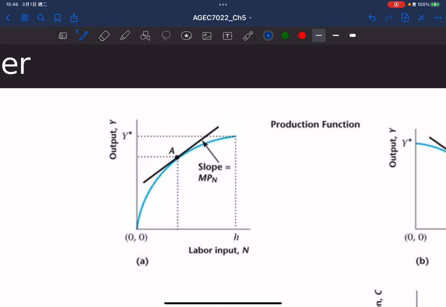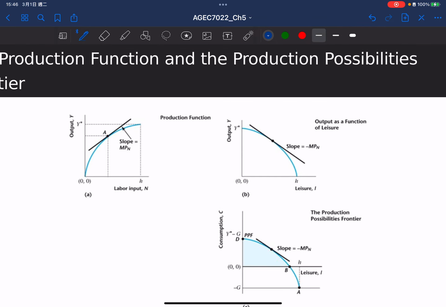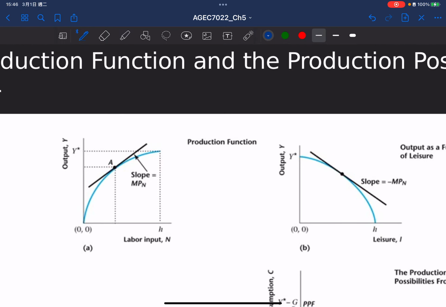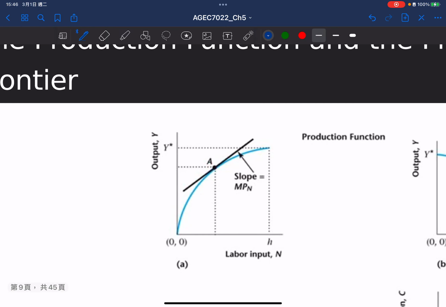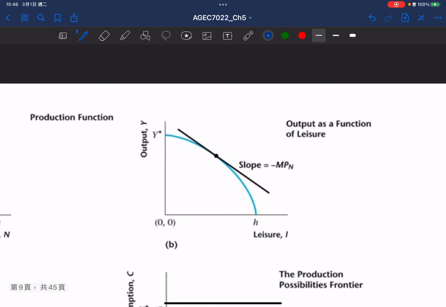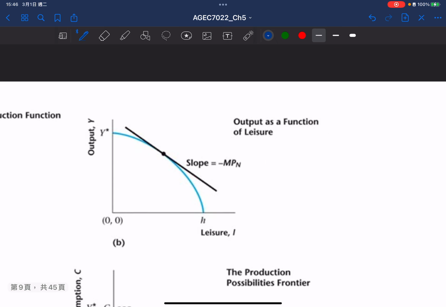okay, let's do this one by one. This is here now. Okay, this is the production function, and the slope is MPN. This function gives you the output as a function of leisure.